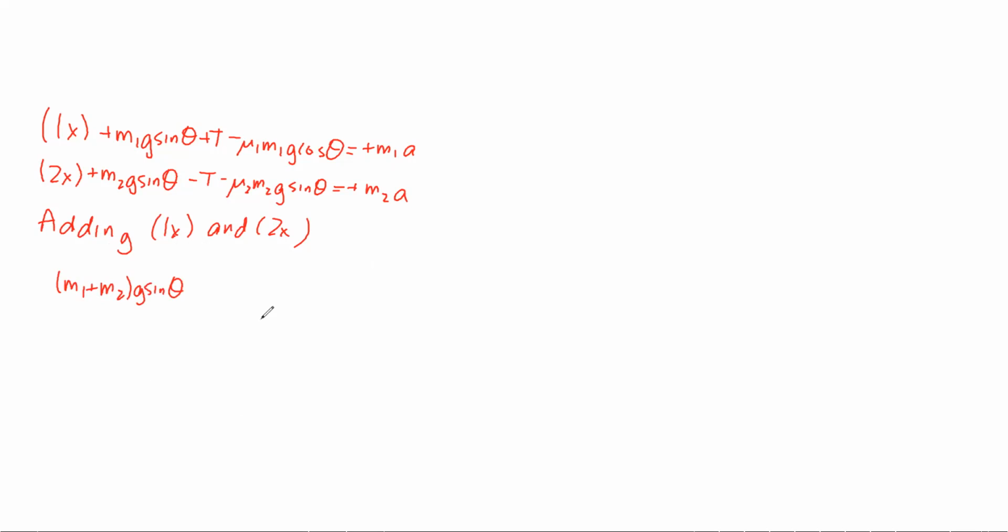The tensions cancel. Now what about the frictions? It'll be minus mu sub 1 m1 plus mu sub 2 m2 g cosine theta equals m1 plus m2 times a.